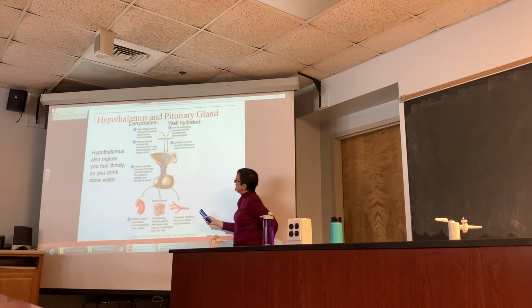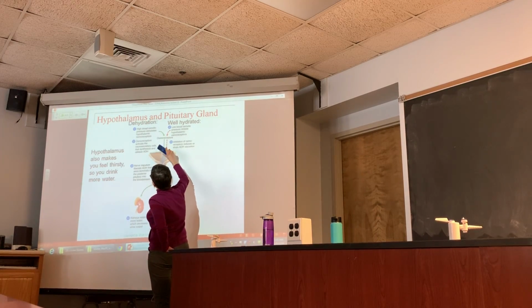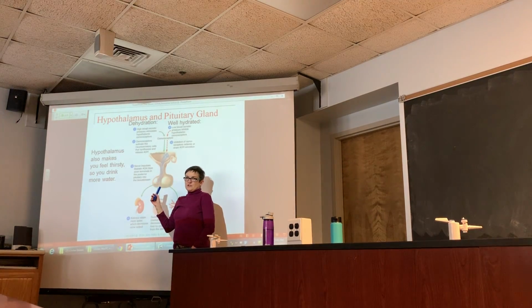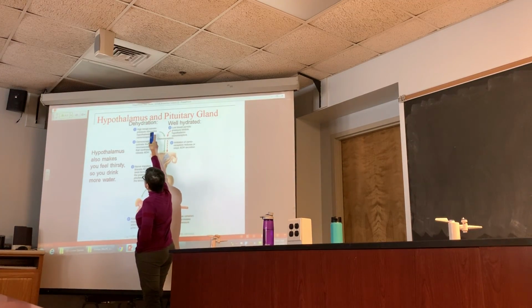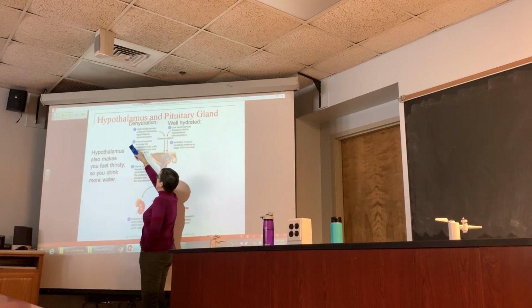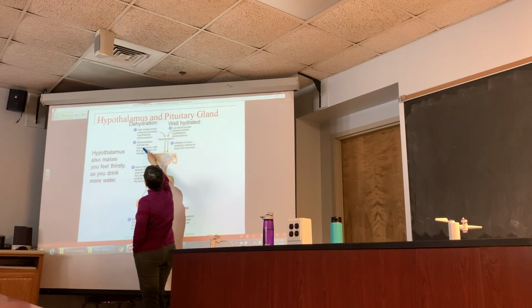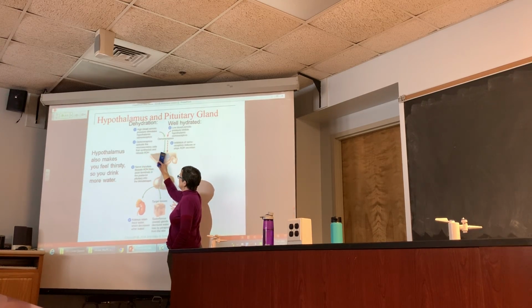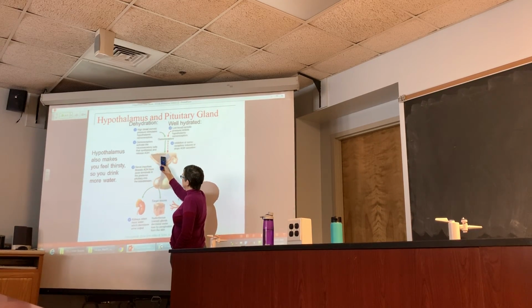So real quick, you've got a couple of minutes, so let me go through this. Your hypothalamus has osmoreceptors that detect osmotic pressure. If you're dehydrated, you're going to have higher than normal osmotic pressure, because you have higher solute concentration, since you have less fluid. Your osmoreceptors stimulate neurosecretory cells in the hypothalamus to produce antidiuretic hormone. There are the secretory cells releasing ADH.